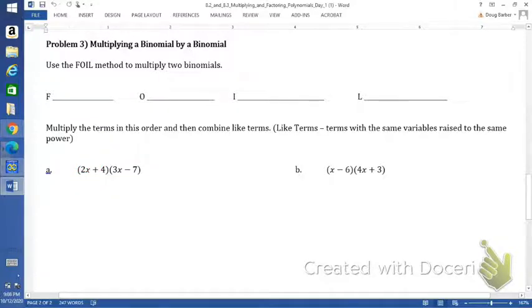Alright, now to multiply a binomial by a binomial, we're going to use the FOIL method. And FOIL, if you remember, stands for first, outer, inner, and then last. So what do we mean by that?